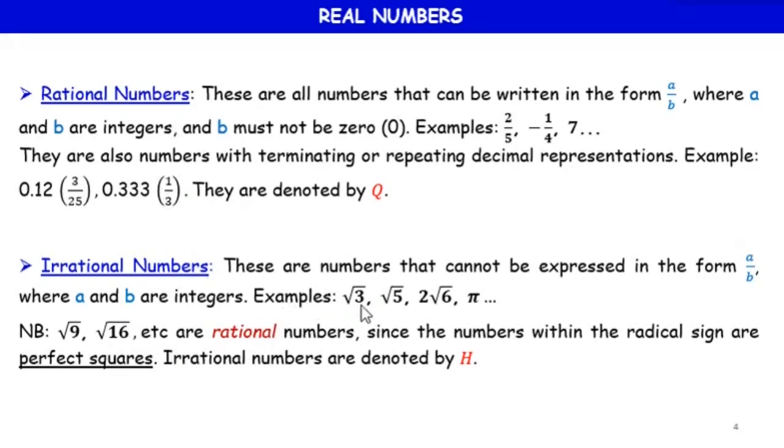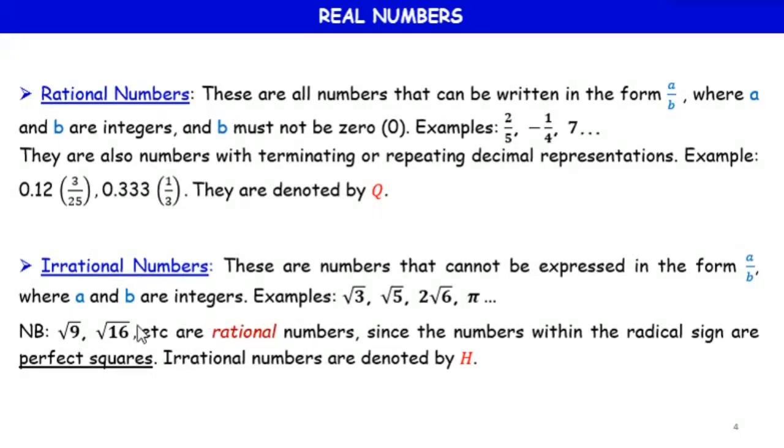So though here we are seeing examples of irrational numbers as root 3, root 5, 2 root 6, this radical sign or the root sign does not necessarily make the number an irrational number. Because the number within the radical sign is a perfect square, the root of that perfect square becomes a rational number.